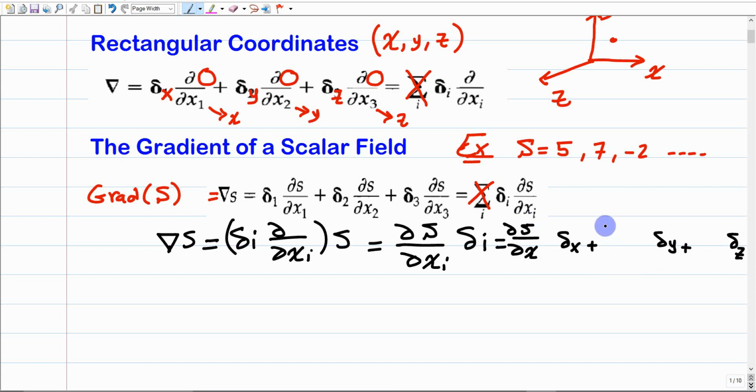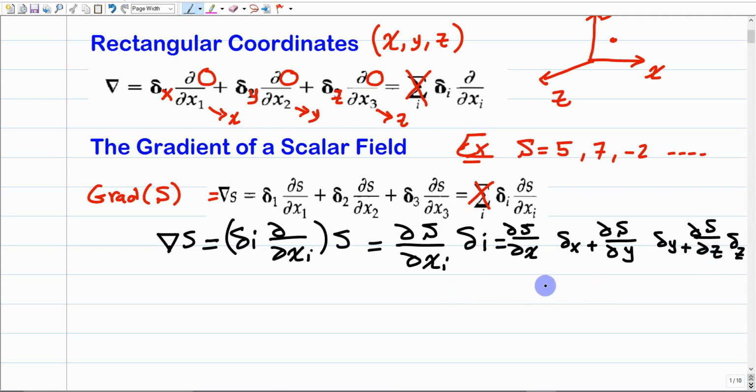And the partial derivative of s with respect to x_i, where i right now is y, means that this should be the y coordinate. I'm referring to the y coordinate. And here I'm going to have the partial of s with respect to x_z, where x_z means that I refer to the z coordinate.